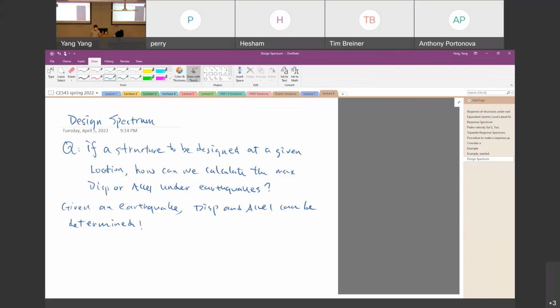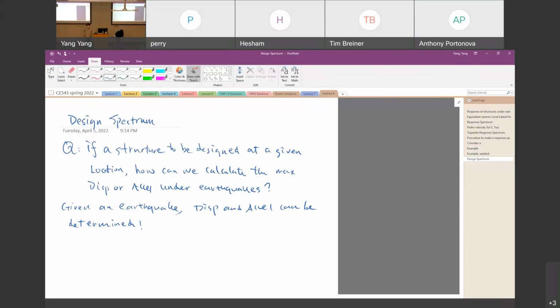I would say yes, both of you, there are some insights over here. You suggest we consider the maximum. Maybe that may be too conservative in that case, right? Why? Because in the same location, if you want to design a structure for the maximum earthquake, that event may only occur once per 50 years or once per 100 years.